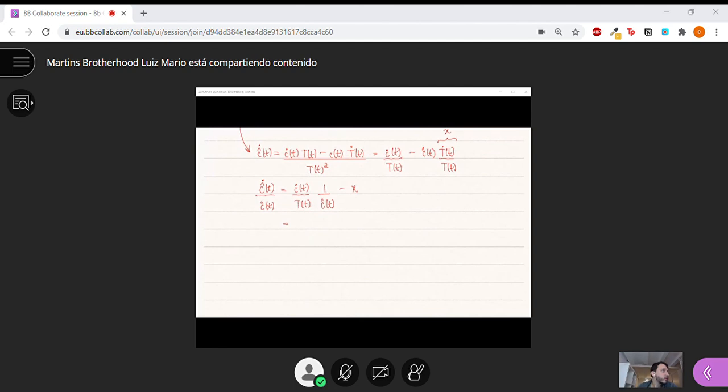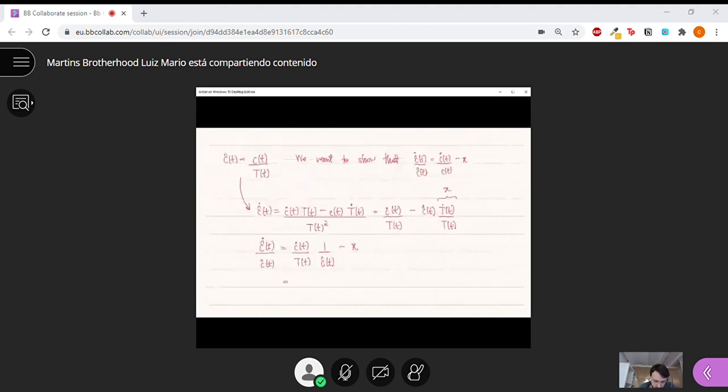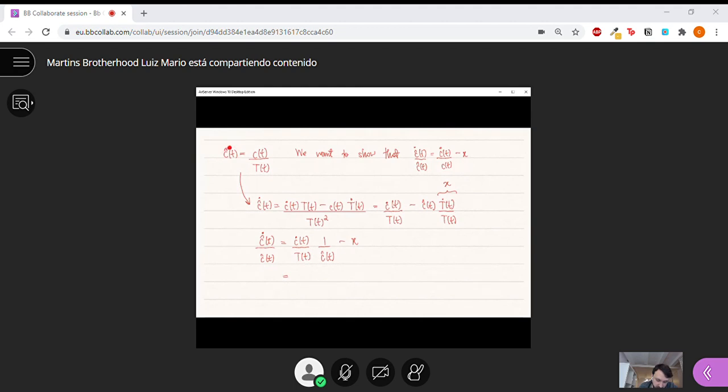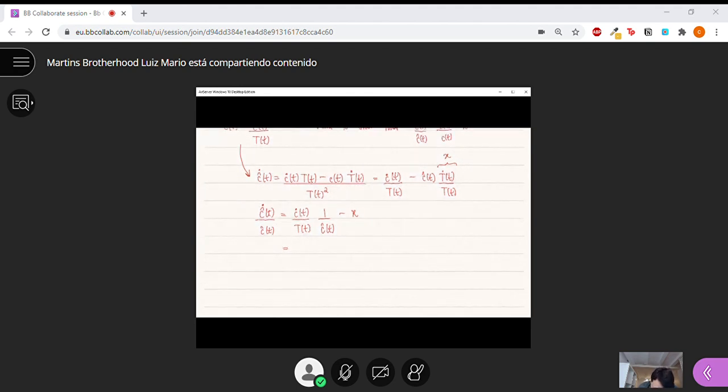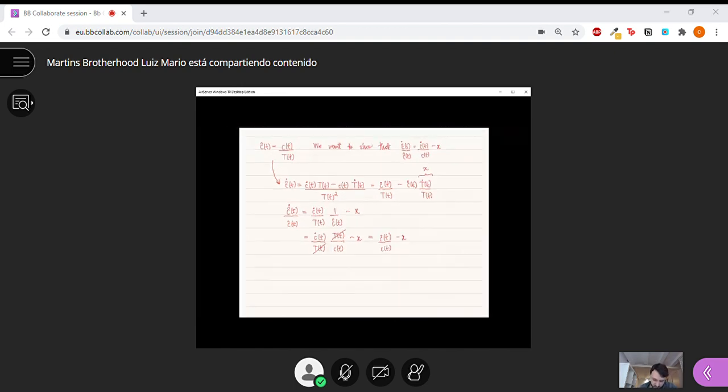Wait, I have something open here. Let me close it, that is making a noise in my ear. Okay, and then C hat is small c over big T. We're going to use this here. Small c over big T, so you can cancel big T, and then we have what we want.